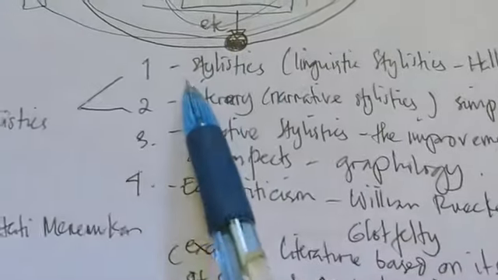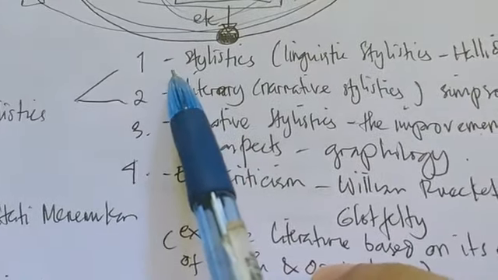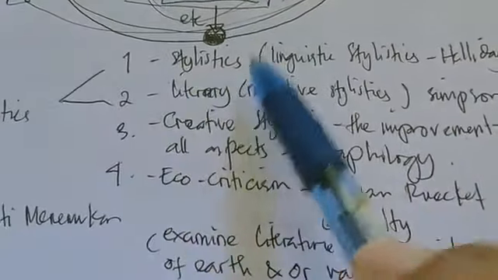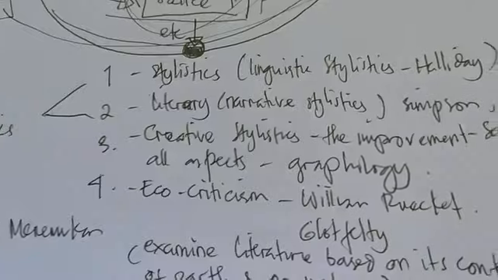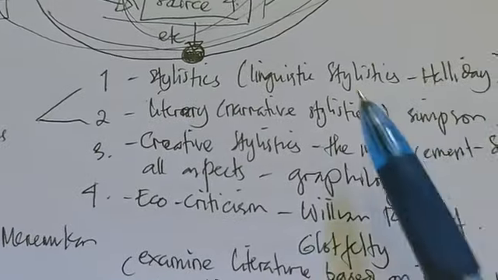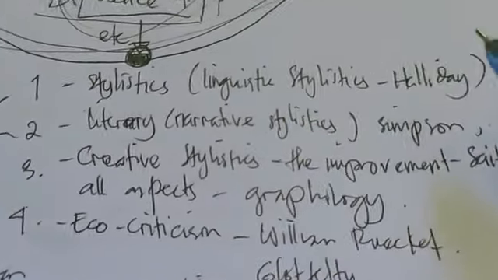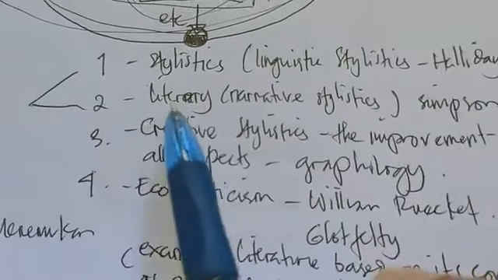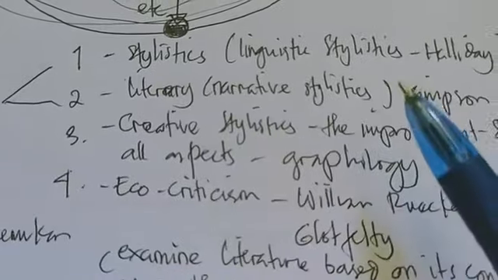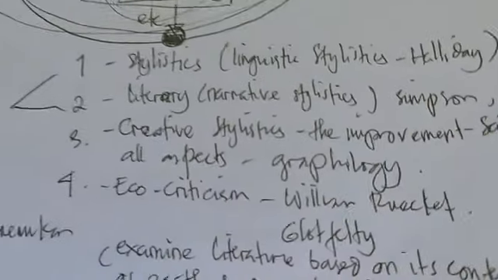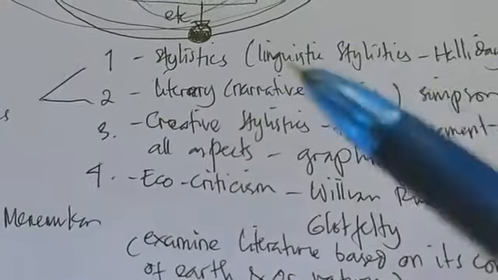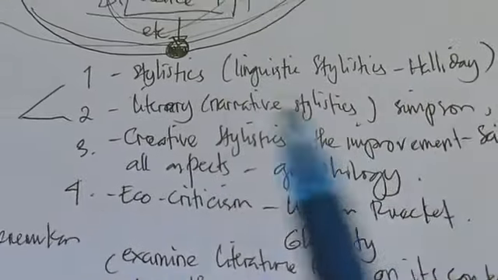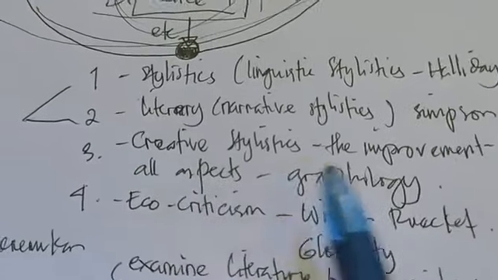First, because my major was stylistics, narrative stylistics, I have read basic stylistics, one of which was proposed by Halliday. After that I also read literary or narrative stylistics by Simpson, and another text I read was proposed by Saito, about creative stylistics.